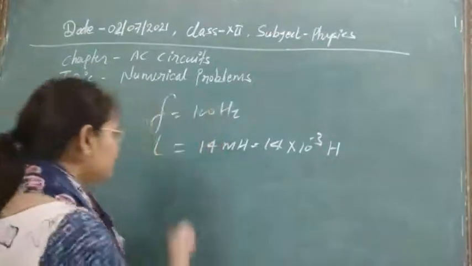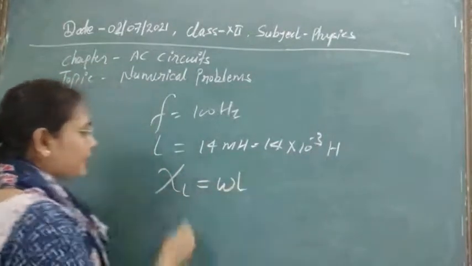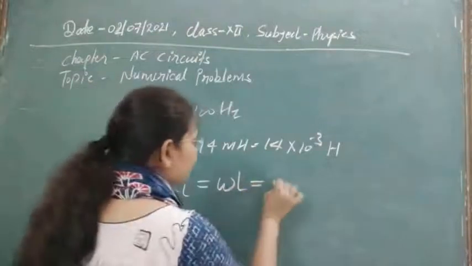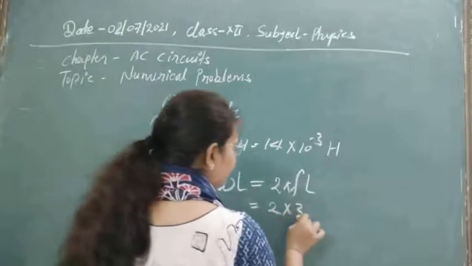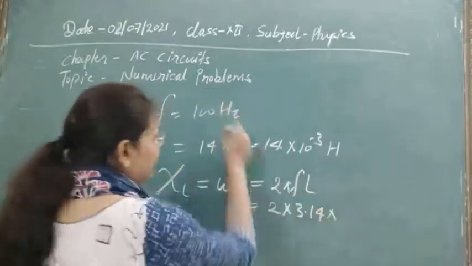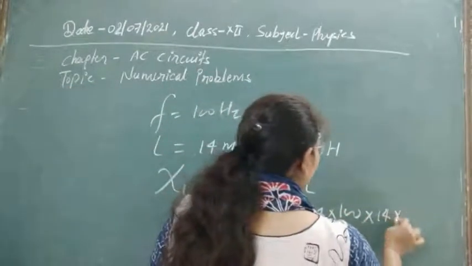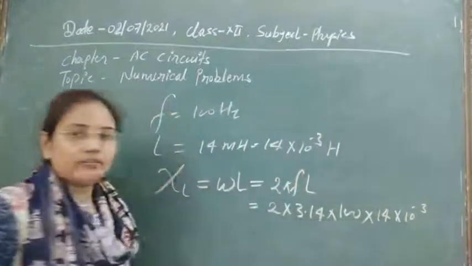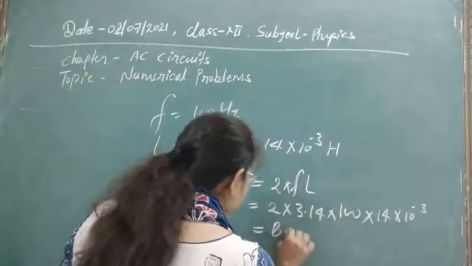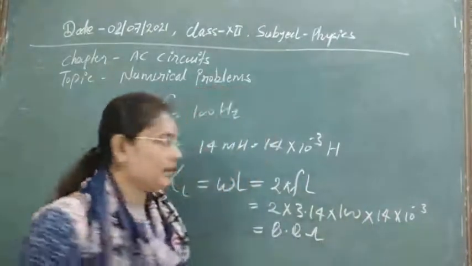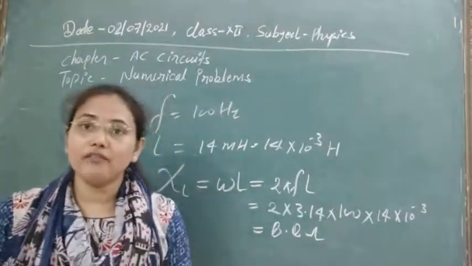The reactance for the inductive circuit, as we discussed yesterday, is given by X_L equals omega L, and in place of omega we can write 2 pi f into L. Putting in the values: 3.14, f is 100, and L is 14 into 10 to the power minus 3. Solving the whole equation, the final answer is 8.8 ohm.